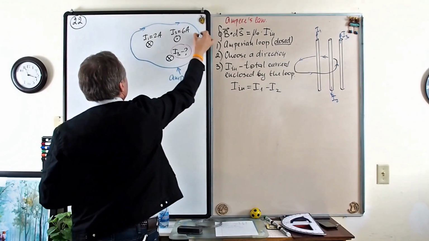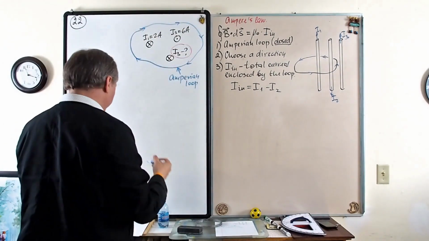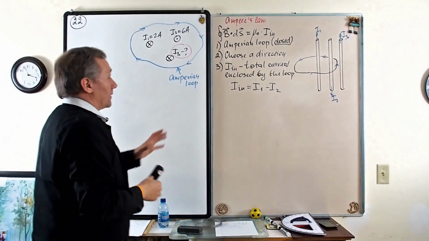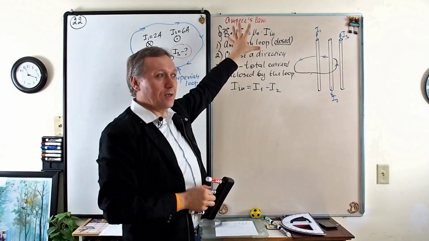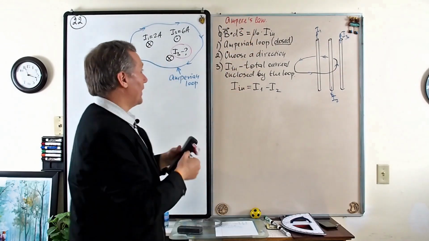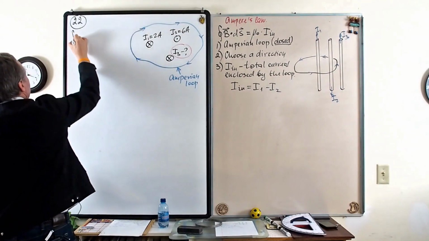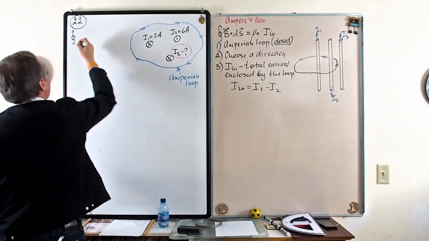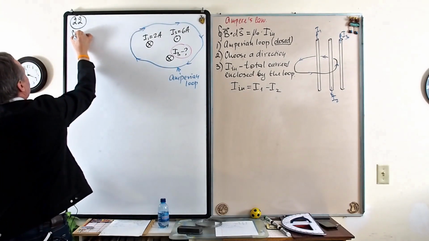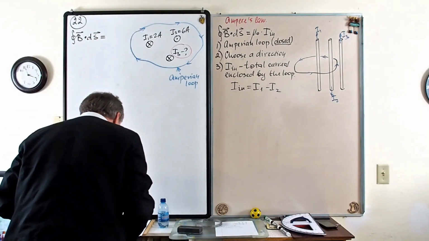Let's say this is the direction, so it's a clockwise direction. And as I said, the value of this integral is given. Somebody calculated that value. So let me also write what is given, the value of this integral over this loop. So B dot ds equals to, what's the value?